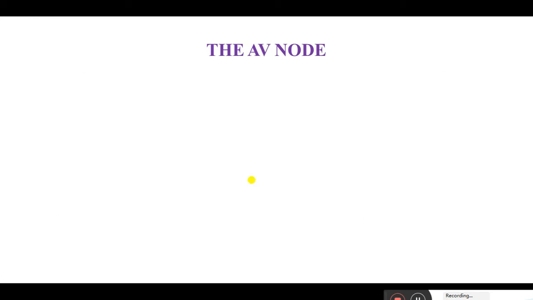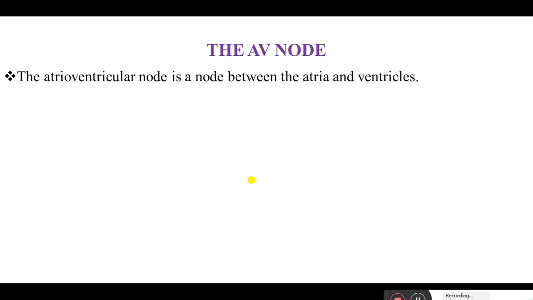Of course, let's move down to the AV node. It's another special node, also referred to as the conduction node. The atrioventricular node, AV node, is a node between the atria and the ventricles.